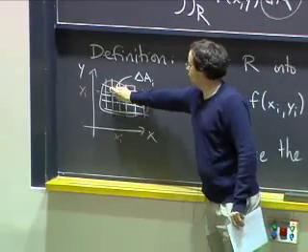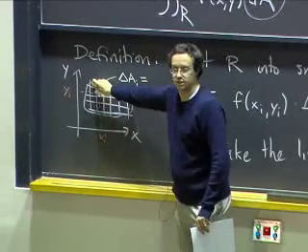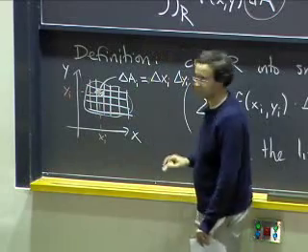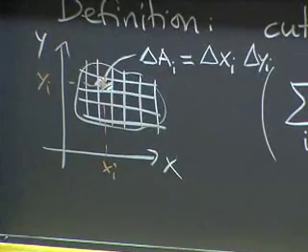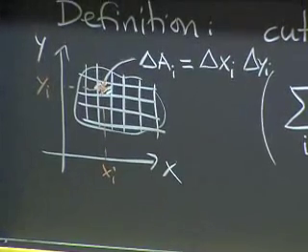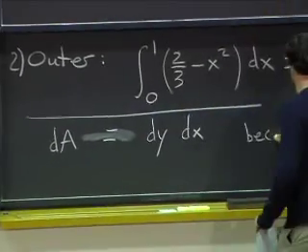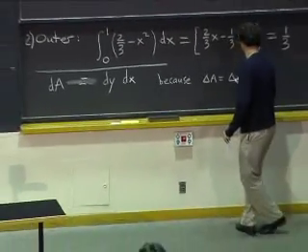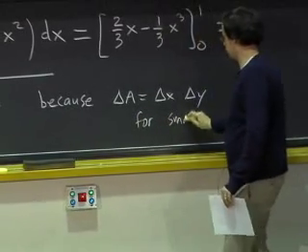Now what's the area of this small rectangle here? It's the product of its width times its height, so that's delta x times delta y. So delta A equals delta x delta y, and actually it's not just that it becomes, it's really equal for the small rectangles.